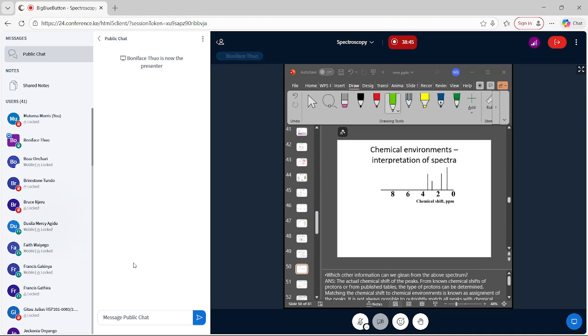So the NMR spectrum gives you information on the number of peaks as well as the chemical shift.